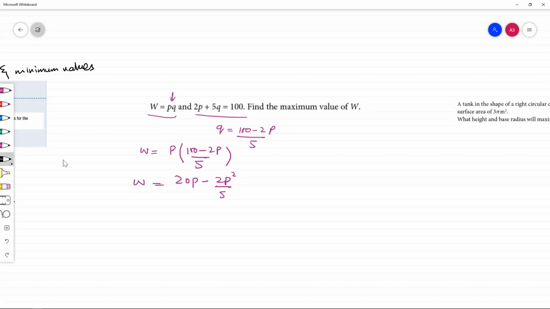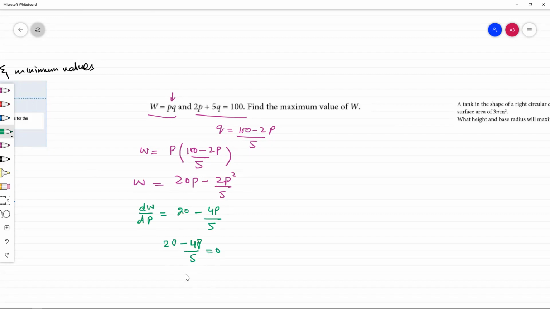So we have to find the maximum of this function W. First we will find the derivative dW over dp. It would be 20 minus 4p over 5, and put this derivative equal to 0.